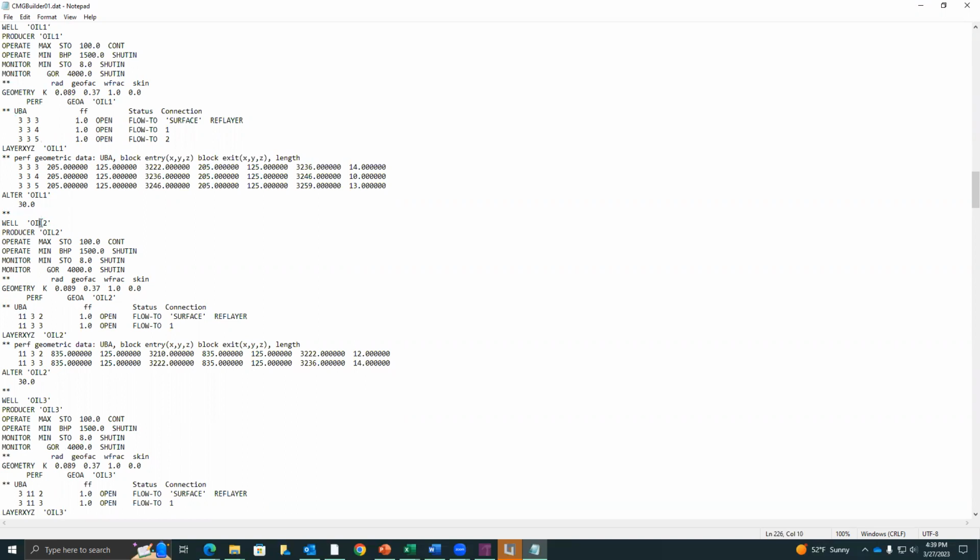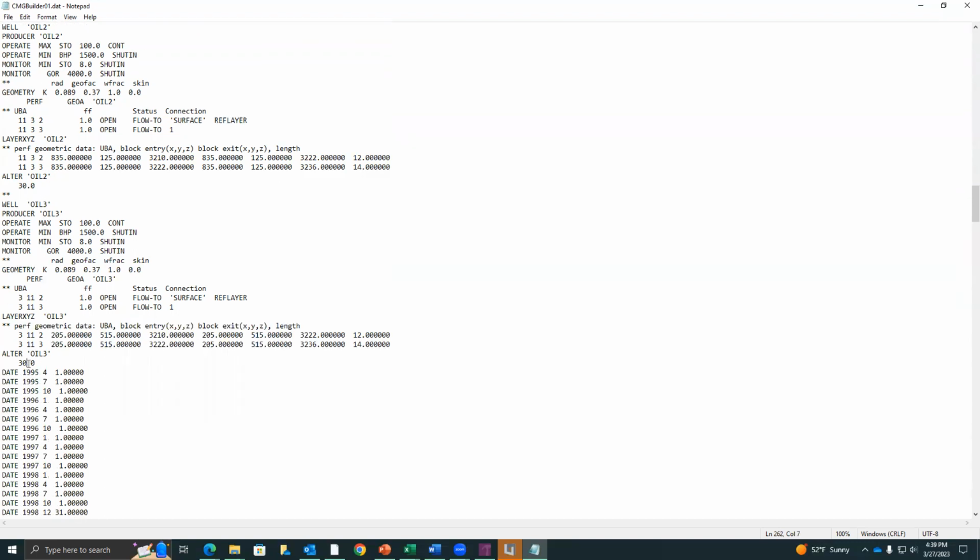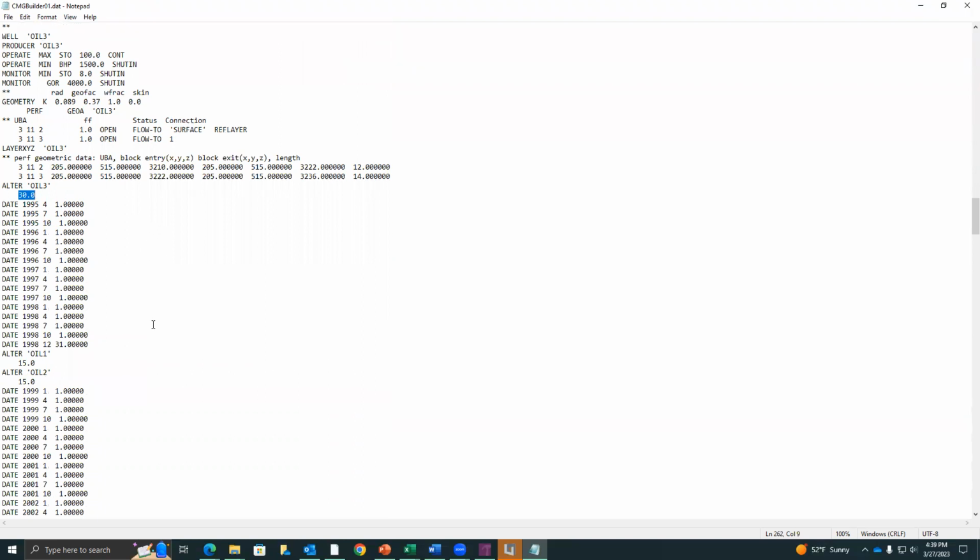For oil 2, we had to change the flow rate to 30. So we maintain the same flow rate for the 3 wells. So that's how come you find 30 here, 30 here as well, and 30 here for oil 3.